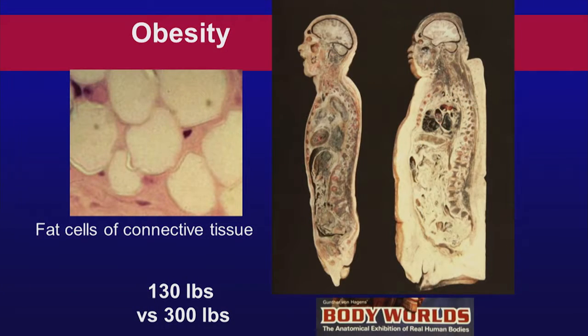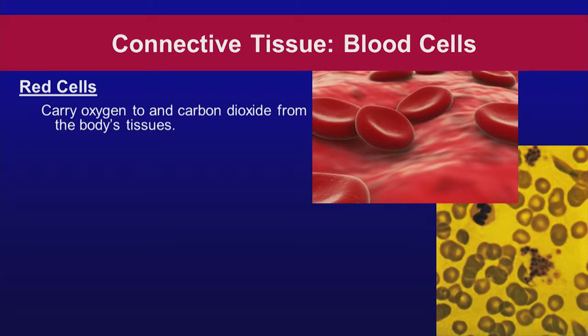So also connective tissue is the fat. You see a guy on the left that's 130 pounds and one on the right that's 300 pounds. And so you can see the white fat cells are deposited in the skin of these individuals. Also, blood vessels contain connective tissue, but also blood cells are connective tissue themselves.